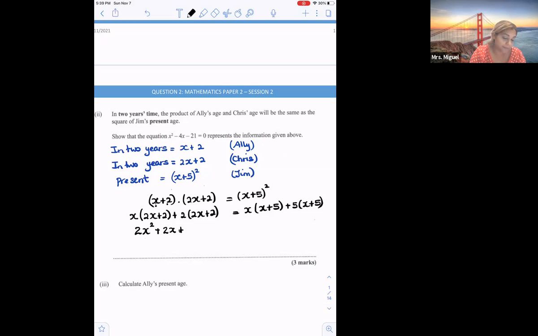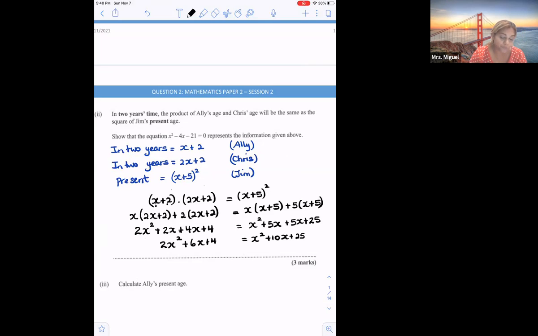And then I have to multiply the second term, which gives me 4x plus 4. And x squared plus 5x plus 5x plus 25. So 2x squared plus 6x plus 4 is equal to x squared plus 10x plus 25.